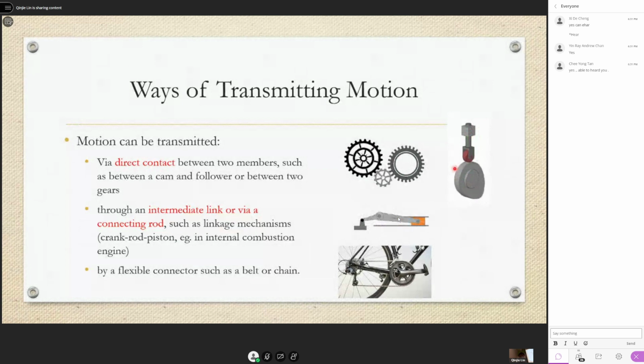And then motion can also be transmitted through an intermediate link, or we also call it the connecting rod, such as linkage mechanisms. You can find this in an internal combustion engine if you are familiar with the piston. Basically it will look something like that. Engine rotates, so there will be this rotating component.